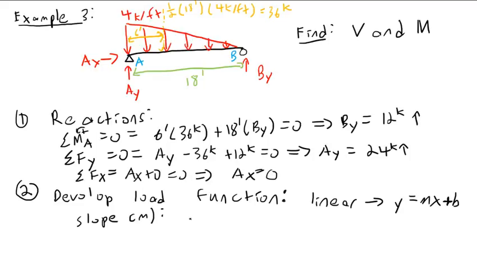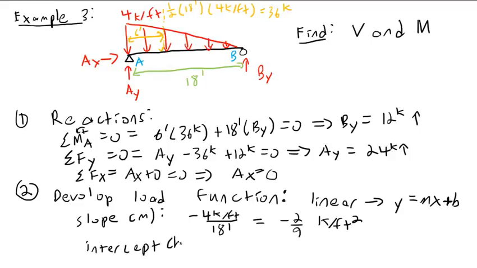The slope m is going to be negative 4 kips per foot over 18 feet, rise over run, which equals negative 2 over 9 kips per foot squared. And the intercept b is going to simply be 4 kips per foot.